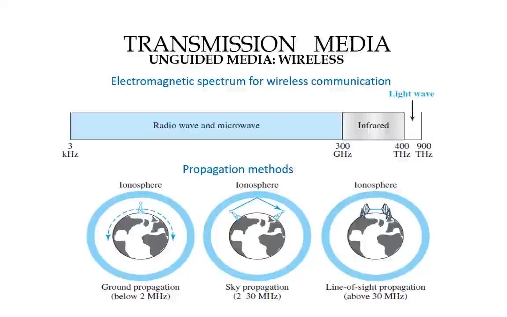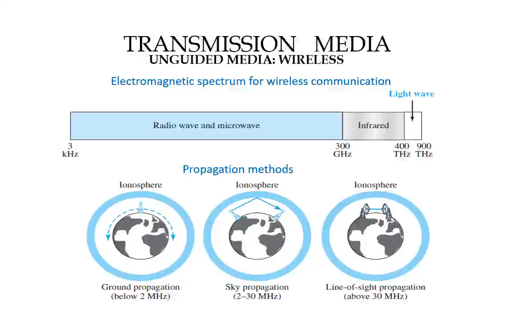The diagram below shows that starting from 3 kHz to 300 GHz is radio wave and microwave. The first part would be the radio wave and the second part would be the microwave, inside 3 kHz to 300 GHz.